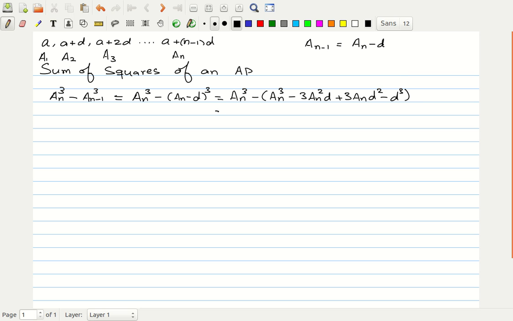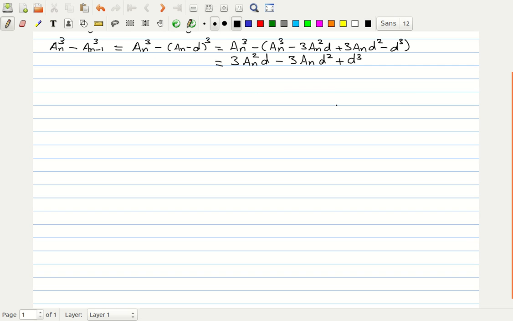If we open the brackets, this an cube will cancel and you will be left with 3 an square d minus 3 an d square plus d cube, right?